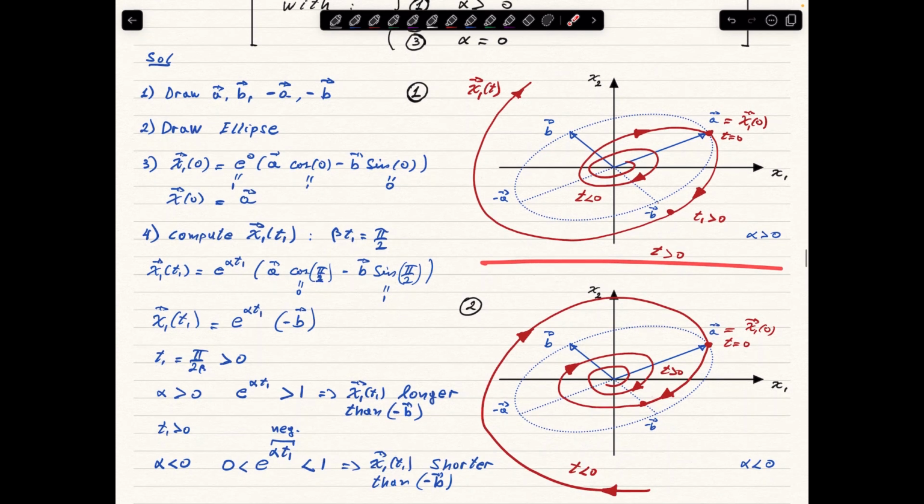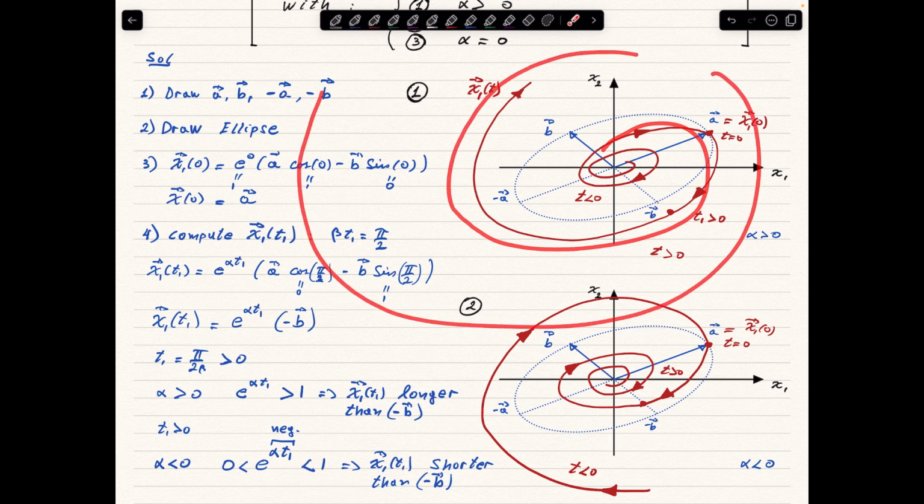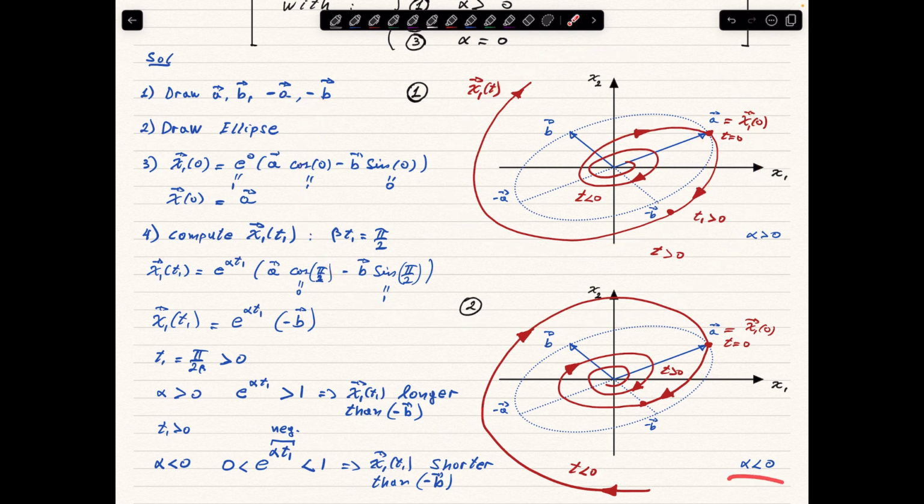We repeated the same procedure for alpha negative, and we found that the solution is still a spiral, but instead of spiraling towards infinity and getting bigger and bigger as time grows, for alpha negative the solution comes from t negative, from outside the ellipse, crosses the ellipse at t equals 0, and then goes inside the ellipse for t positive.